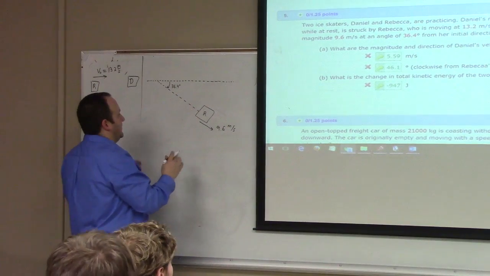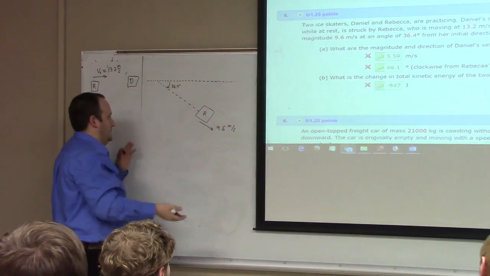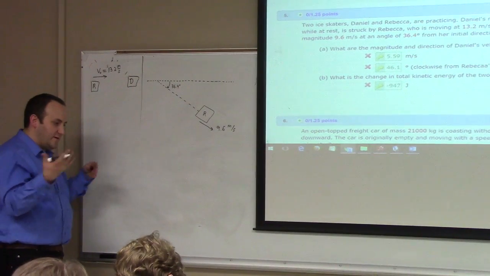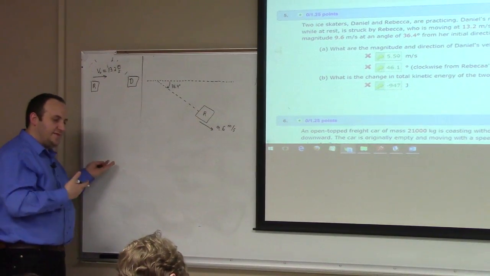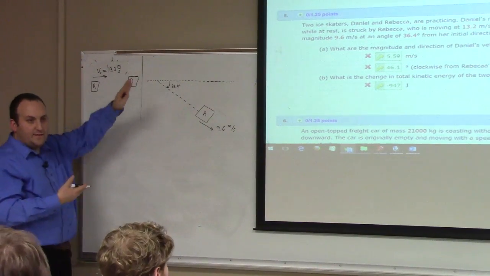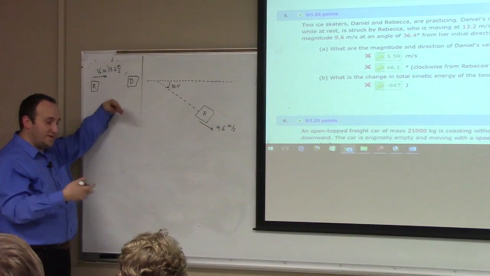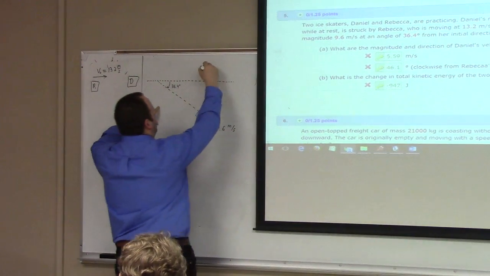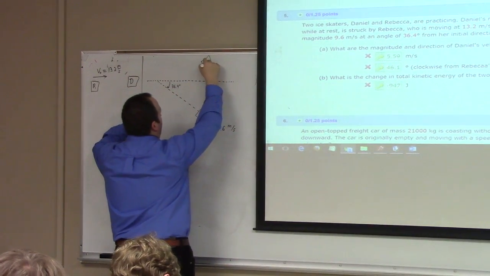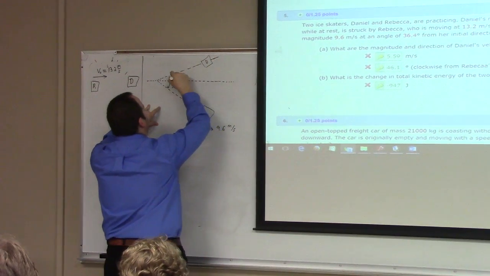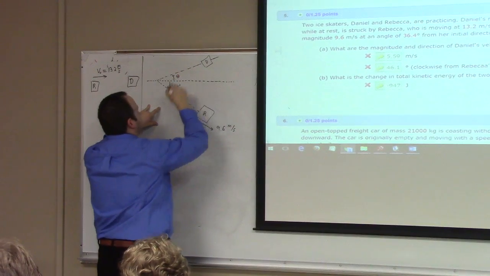I can set this up abstractly and allow for him to have an arbitrary velocity, but you can see from common sense he has to be going upward, because the net momentum to start with is purely horizontal. The momentum is conserved in the collision, so he must be up here somewhere, at some angle. We don't know that angle. Let's call it theta.